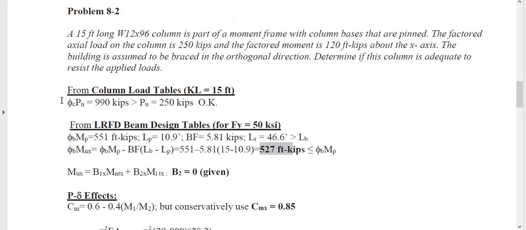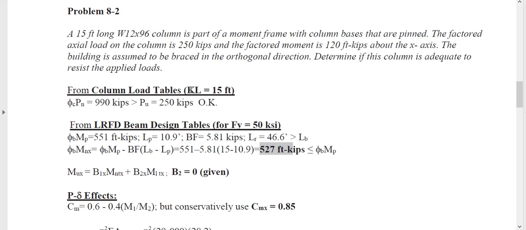So at the beginning we will find the capacity in the axial direction without considering moment. For KL of 15, now why is KL 15? Because the length is 15 and both column bases are pinned. So it is a pin condition, and pin means K is 1. So KL is 15.